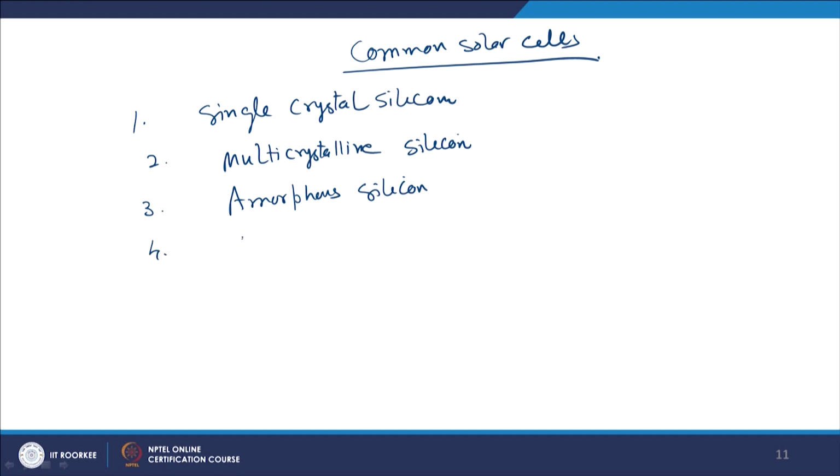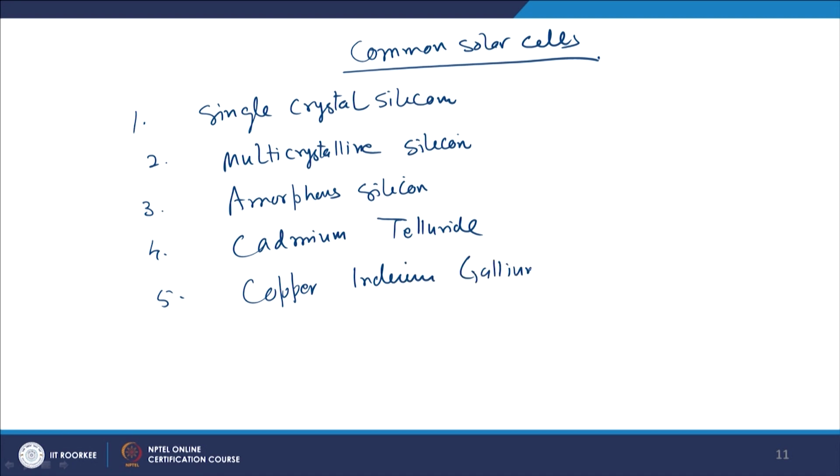Fourth is cadmium telluride. Fifth is copper indium gallium diselenide. So there are 5, there can be others also.